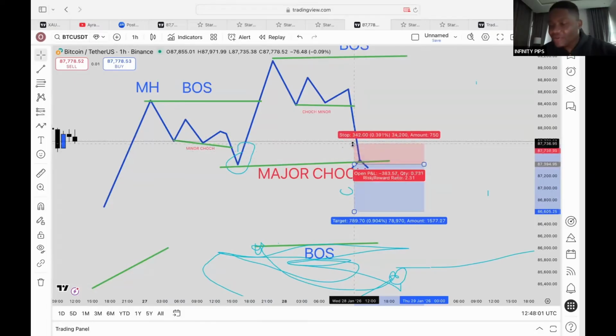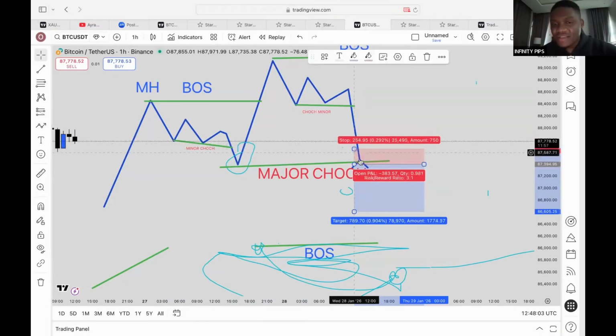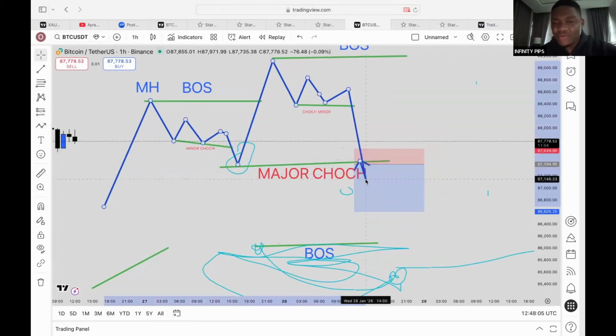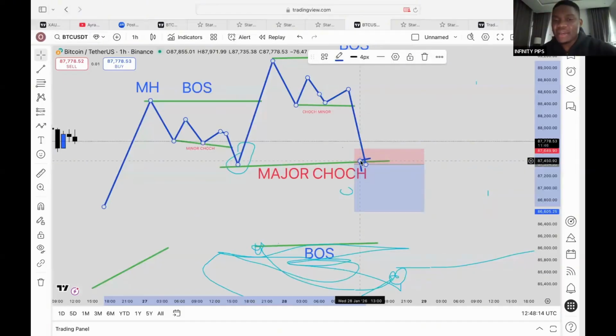Abi, that's what some of us do. Expecting it to fall and sell, without actually waiting for it to break. And even if it breaks, sometimes it doesn't break properly. Sometimes it might come here and shoot back up again, and then begin to sell.